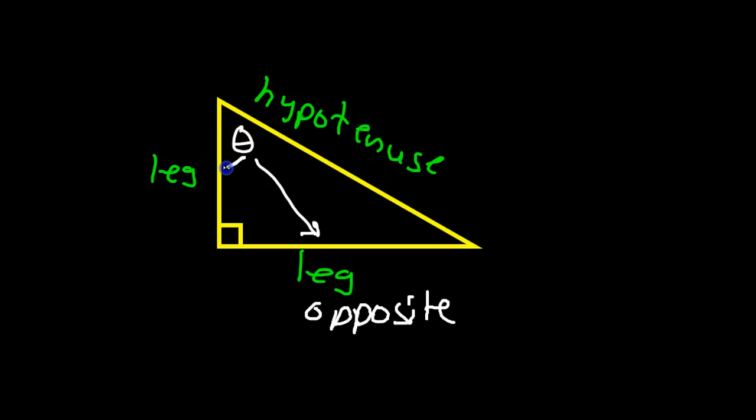And then this leg right here is now the adjacent leg. Alright? So opposite means across from or away from, and adjacent means next to or really close to. And of course, no matter which angle we looked at, the hypotenuse was still the hypotenuse.